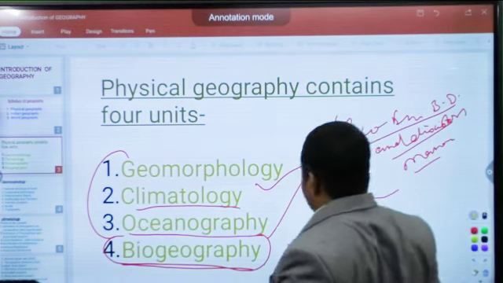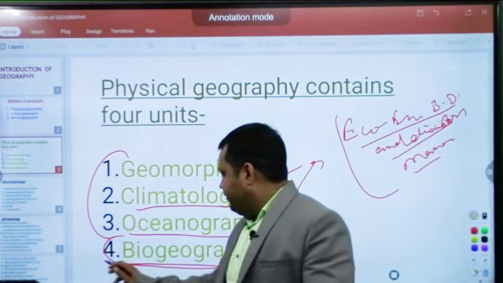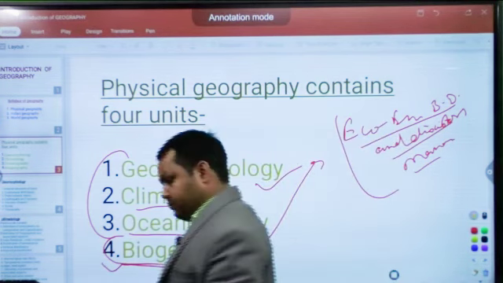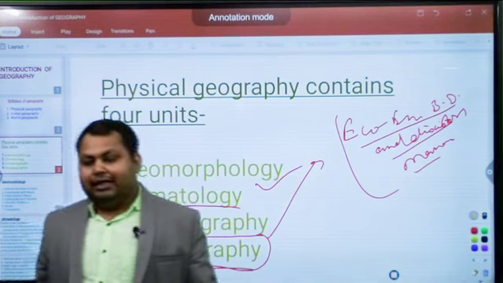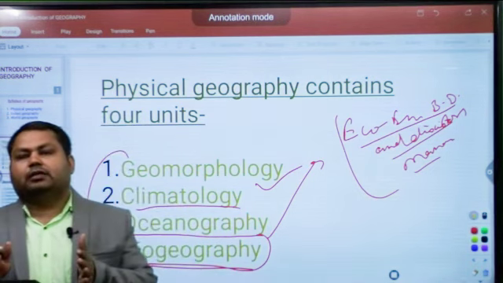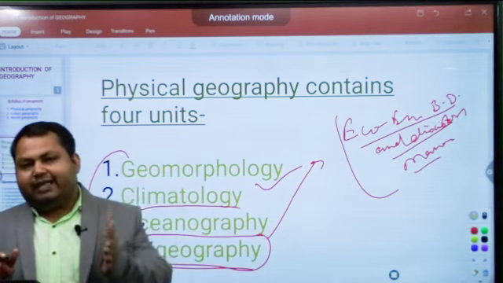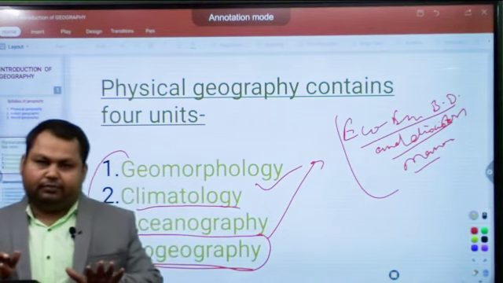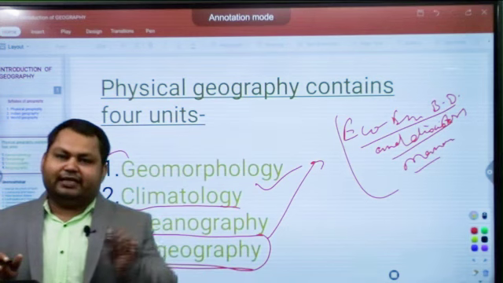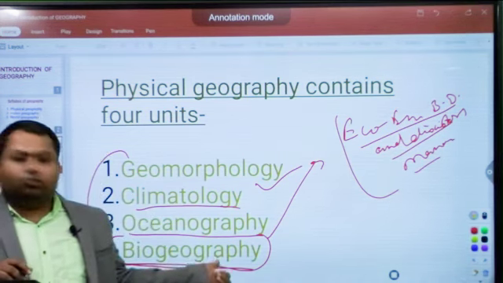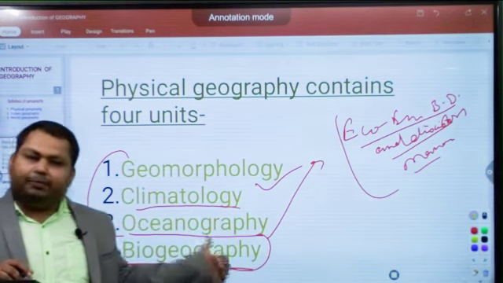Why? Because this fourth unit of physical geography, that is biogeography, is a separate topic which has more weightage in the preliminary examination. In the preliminary test, there is more role of this particular unit, so we must study it separately.